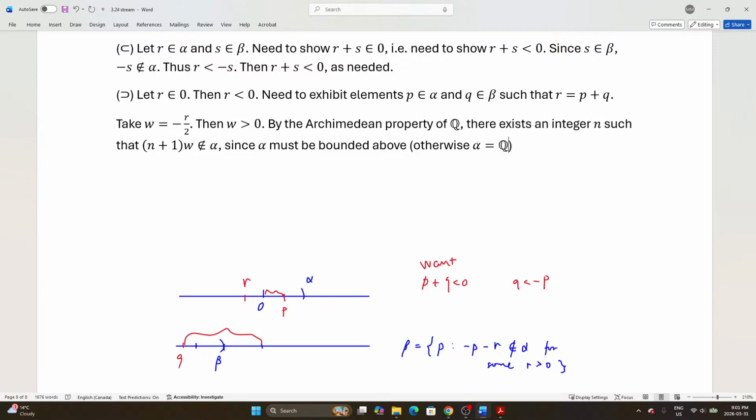Okay, so we constructed something that is not in alpha.